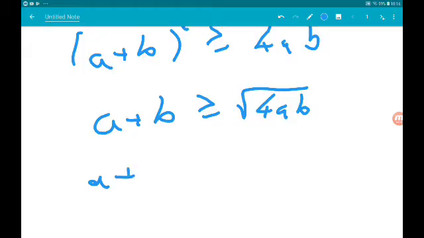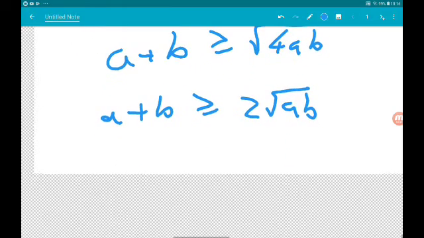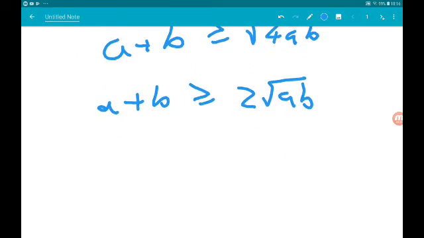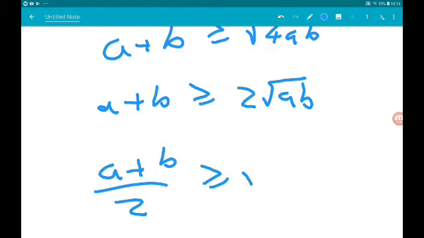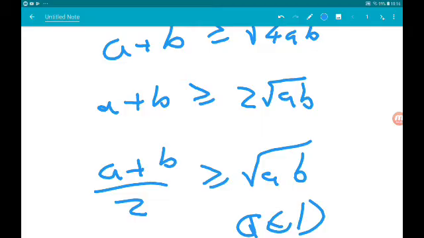A add b is greater than or equal to root 4 root ab, so that's 2 root ab, and then finally divide through by 2 and we get a add b over 2 is greater than or equal to root ab. QED, quite enough done.